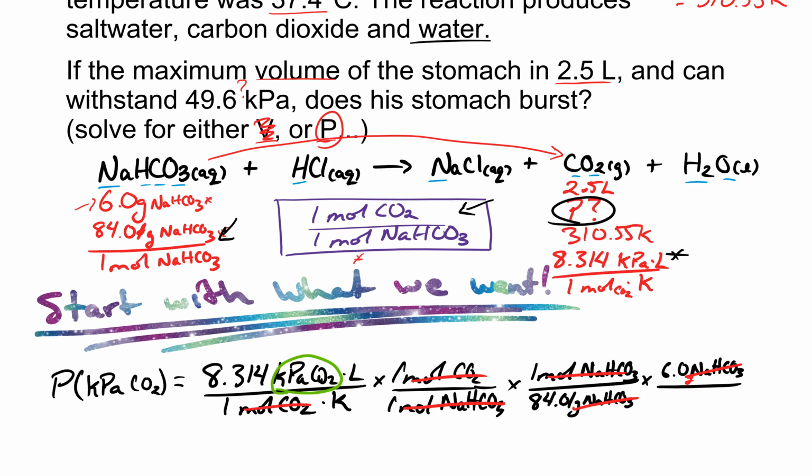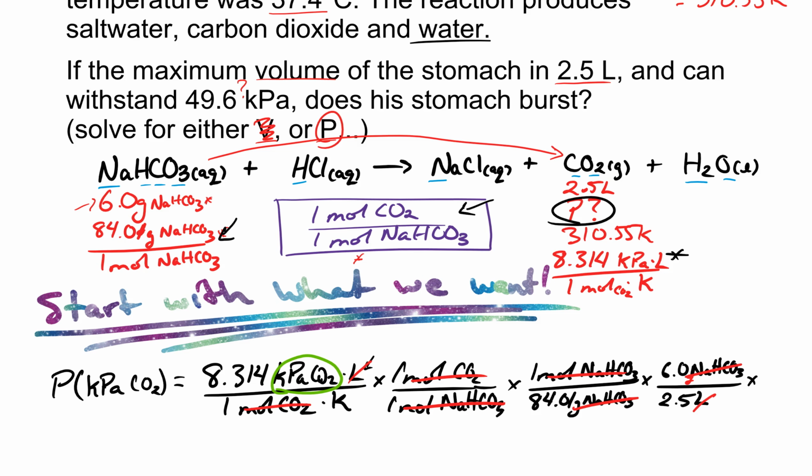Okay. Now we have to cancel out 2 more units. But that's it. We have to cancel out liters. So liters is on the top here. We're going to put liters on the bottom. Remember, our stomach has a maximum volume of 2.5 liters. So liters and liters cancel out.